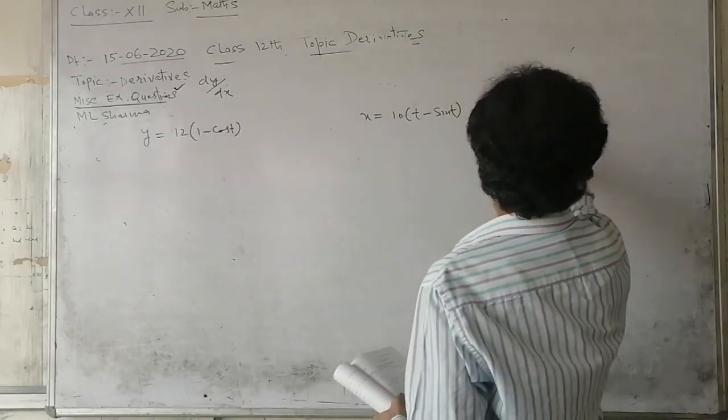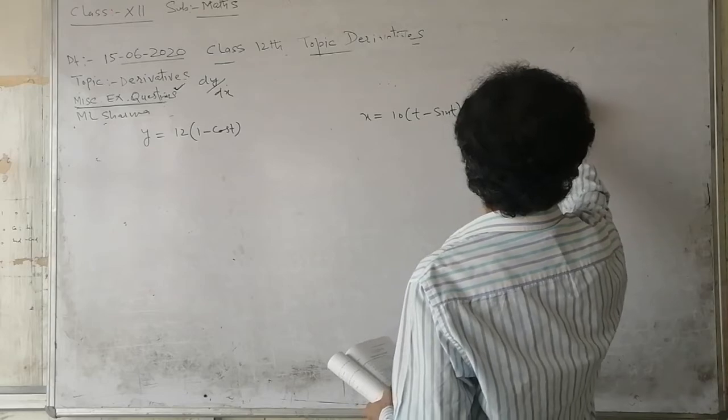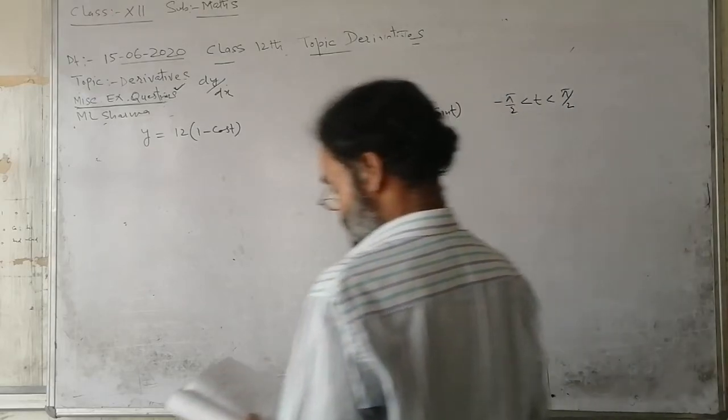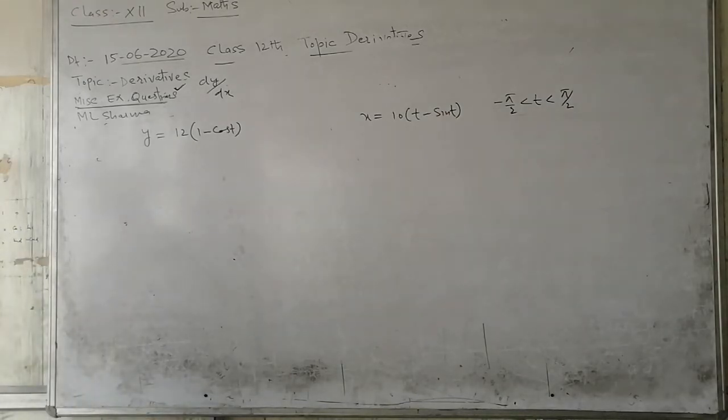The value of t lies between minus pi by 2 and plus pi by 2. You have to find the value of dy upon dx.